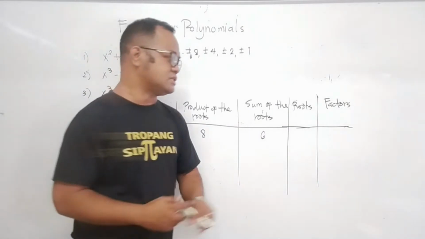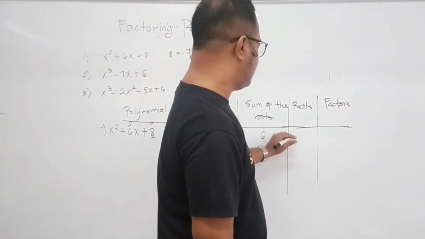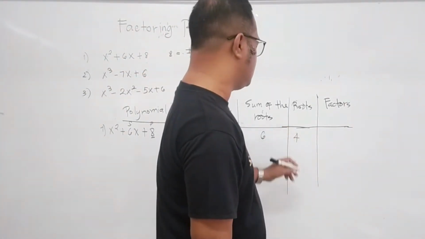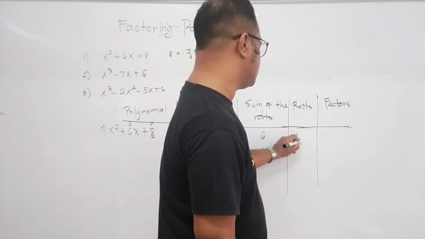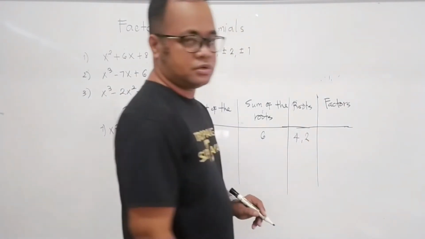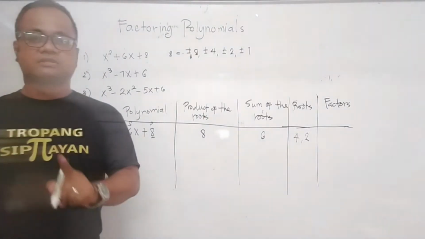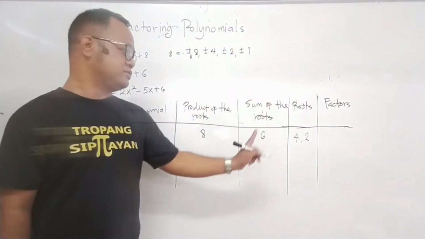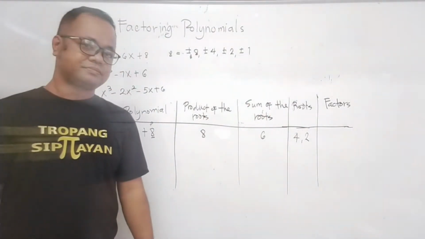And that is 4 and 2. 4 times 2 is 8, and 4 plus 2 is 6.